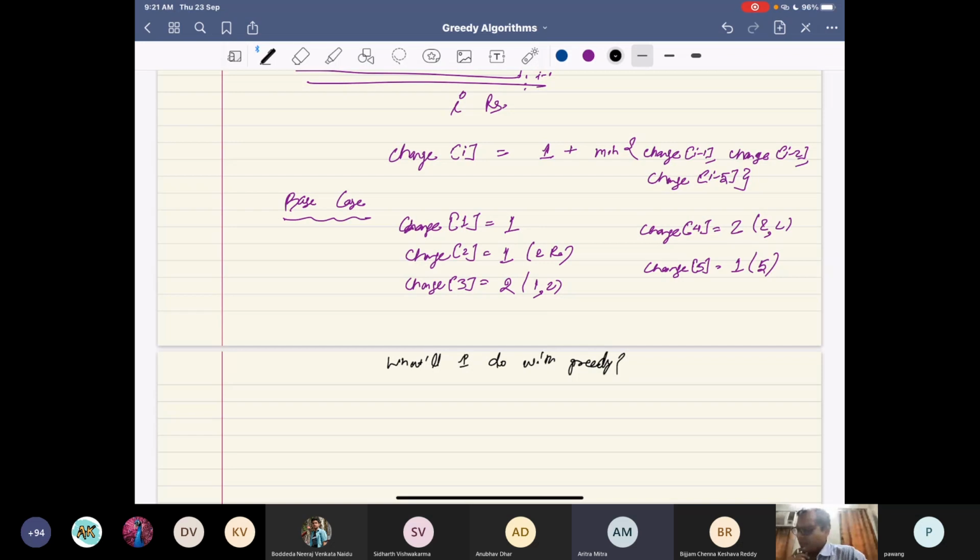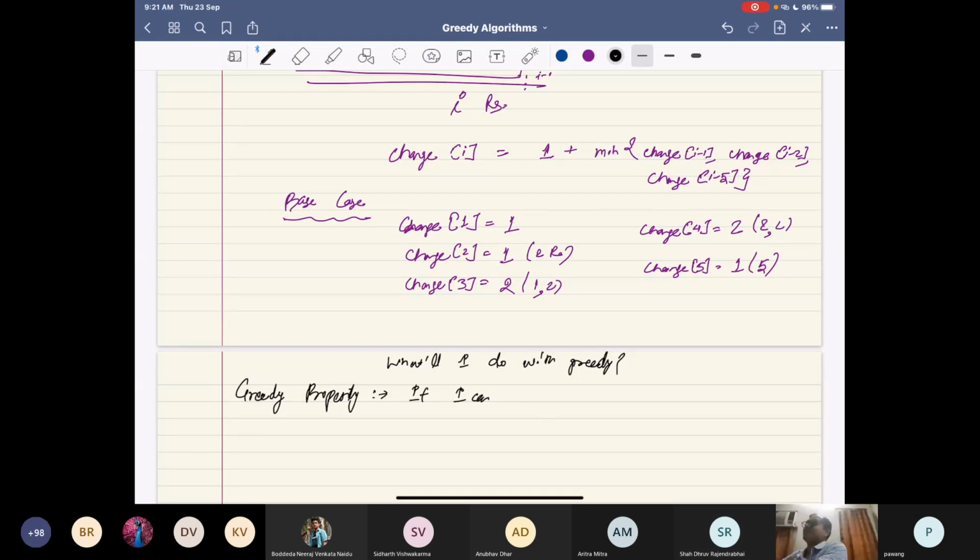So what will be the greedy property? I have to find out what the greedy property is. Yes, tell me. Sir, n modulo 5 will be the remainder, the total of 1 and 2, and the remainder modulo 2 will be the number of ones. Good, good, good.